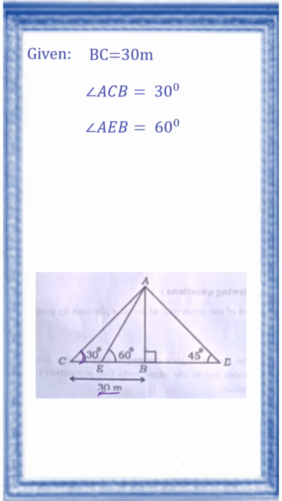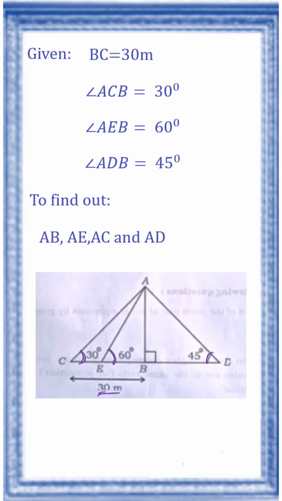And angle AEB is 60 degree, this angle. See, look at the figure. Angle ADB is 45 degree. To find out AB, the height of the pole, and the lengths of the wires AC, AE and AD.